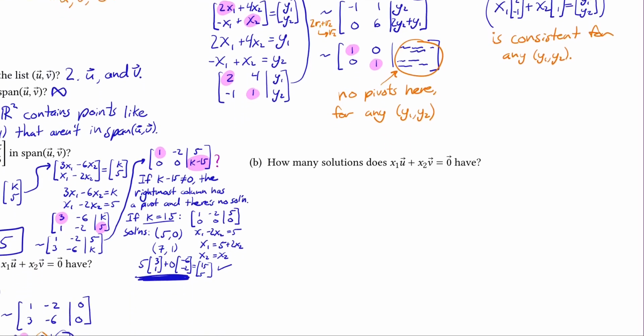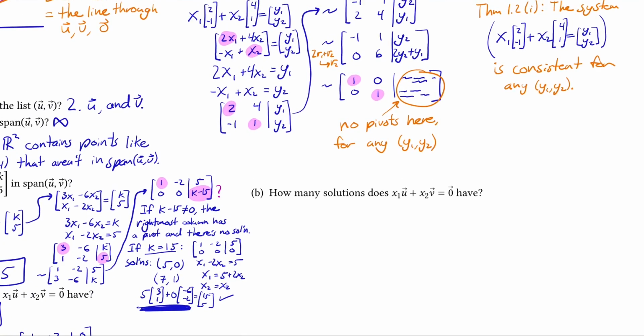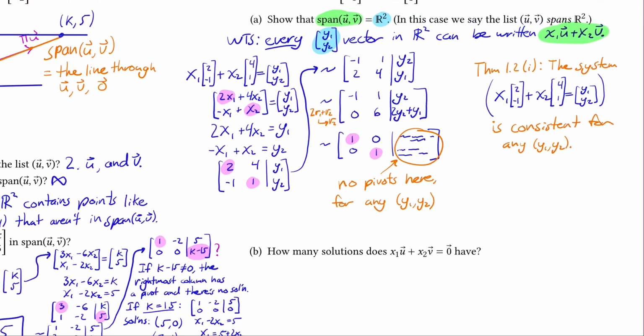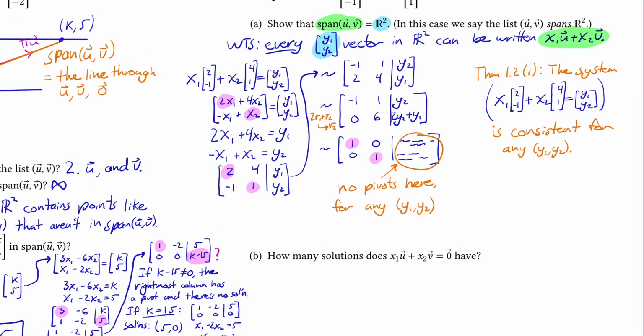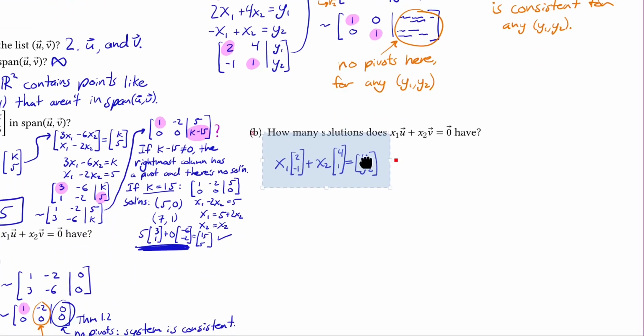How many solutions does x1u plus x2v equals 0 have? This is pretty similar to what we just did. We're talking about this kind of equation here. So I'm just going to rewrite that equation, but the difference is we have 0 and 0 here now.